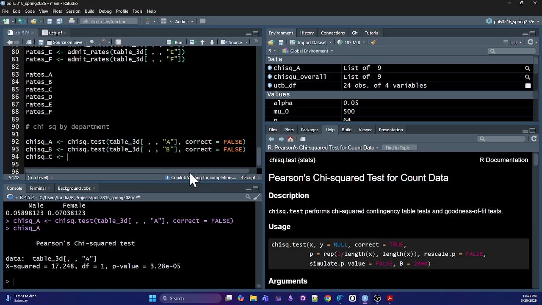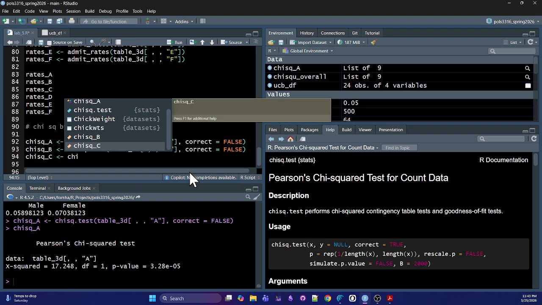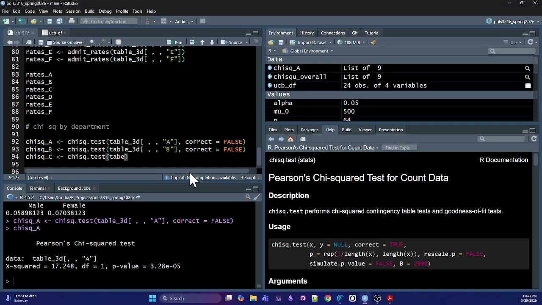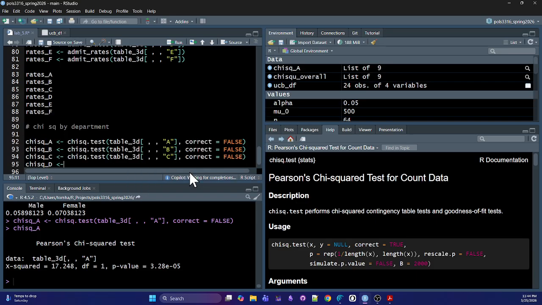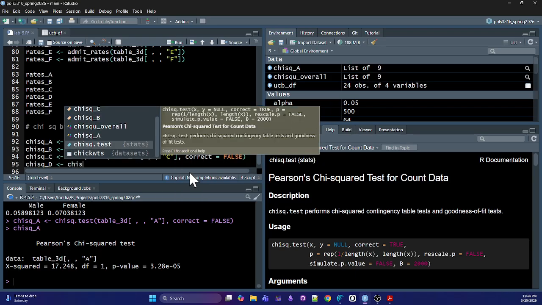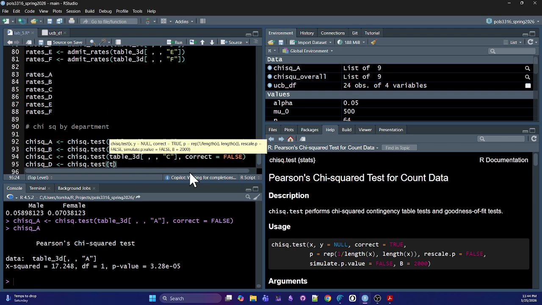Chi-square C is going to be chi-square table 3D square brackets comma comma C in parentheses comma correct equals false. Comma D.